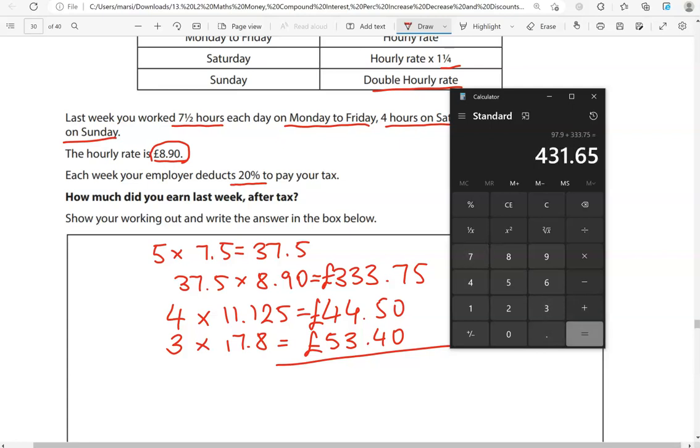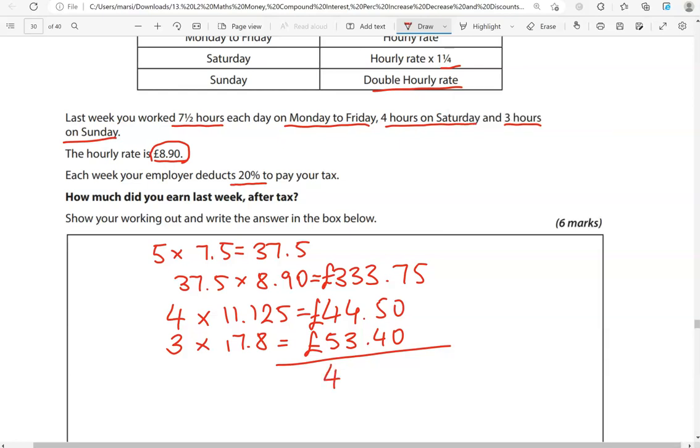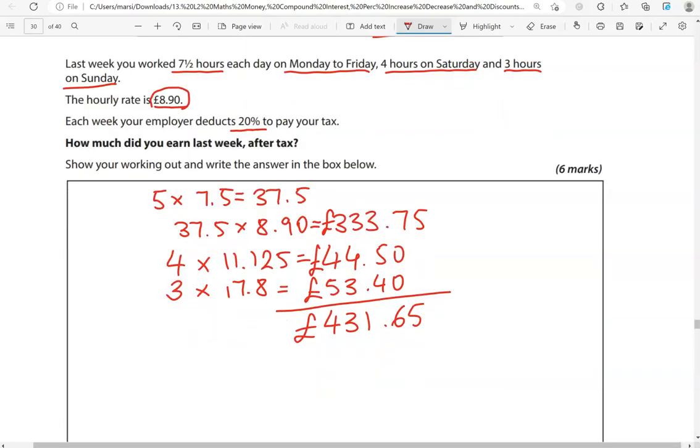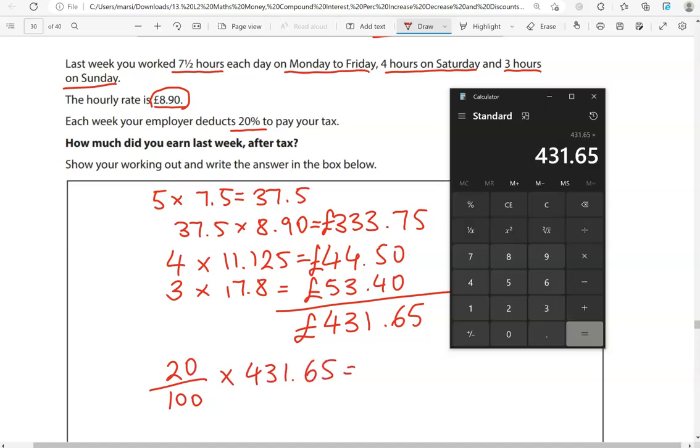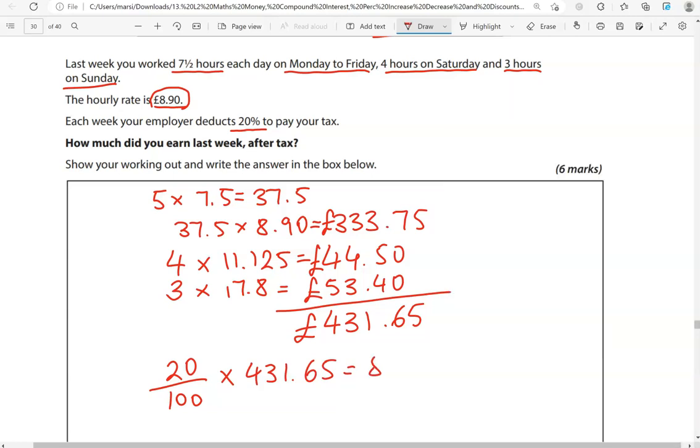gives us £431.65. That is before tax. So 20% of 431.65 gives us 86.33.